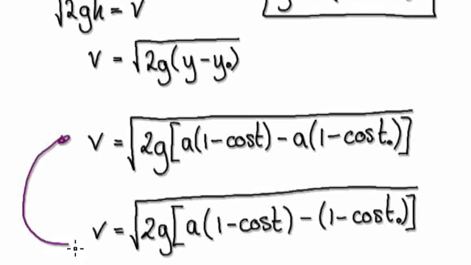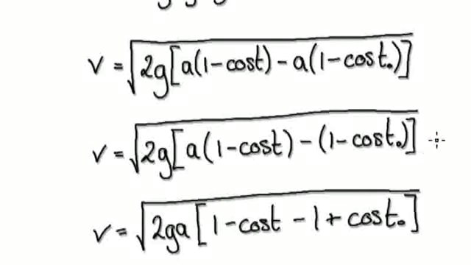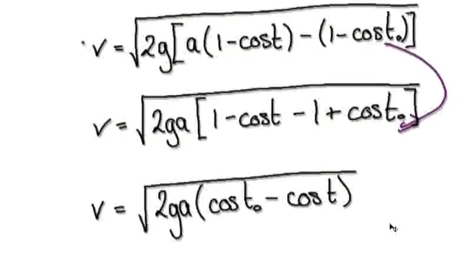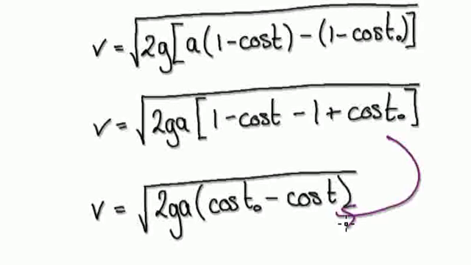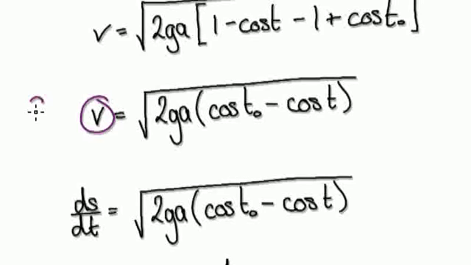From here, that will then take you to here. From here, just tidy up, think it through. That will then take you to here, and then that will take you to here, and then we can replace this v here with ds by dt.